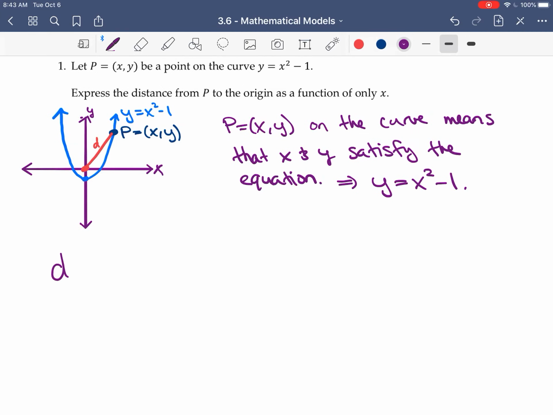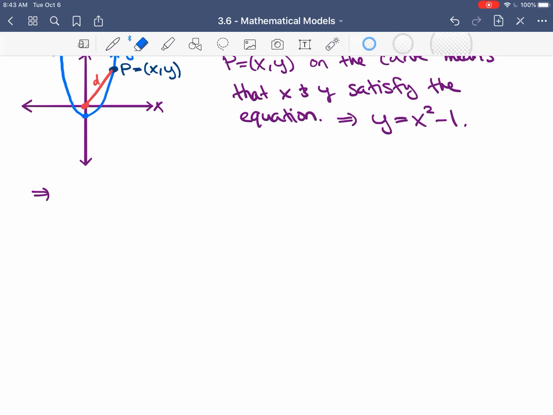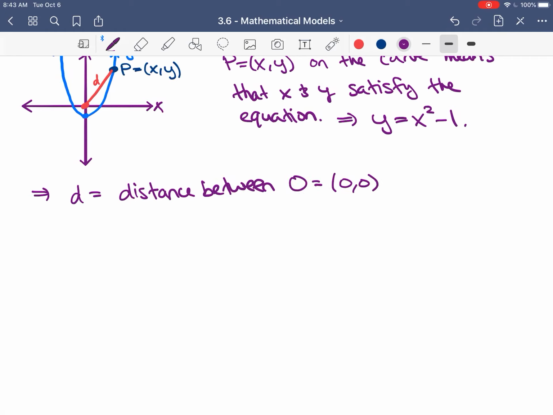For the distance, we have a formula for the distance between 2 points. Maybe I'll just write that. Let's write D equals the distance between O, for the origin, which is 0, 0, and P, which is x, y.